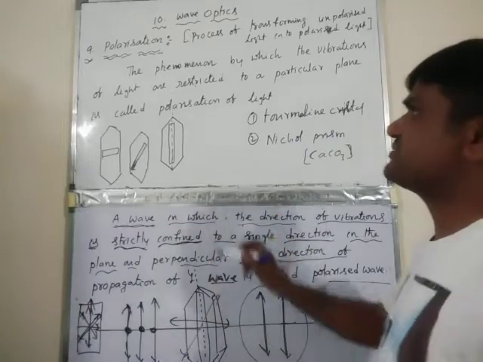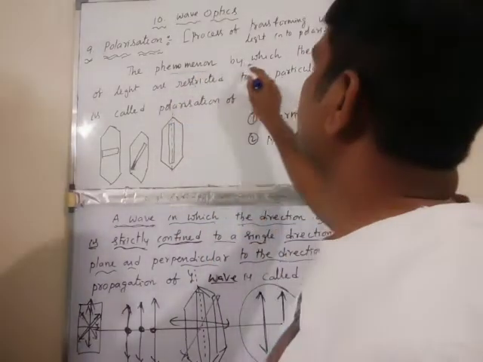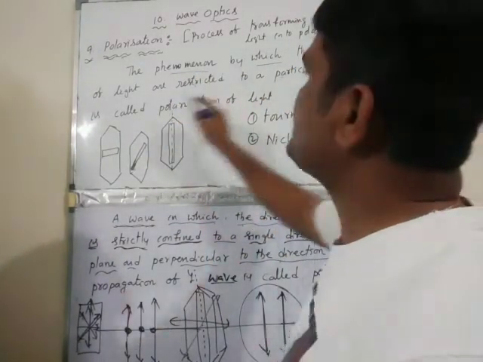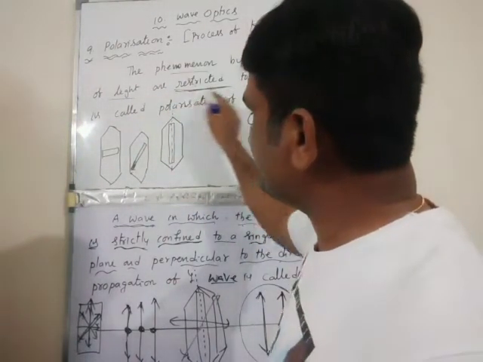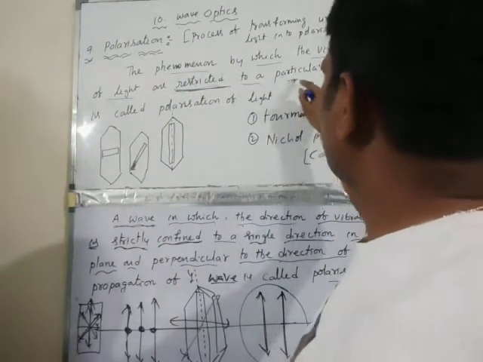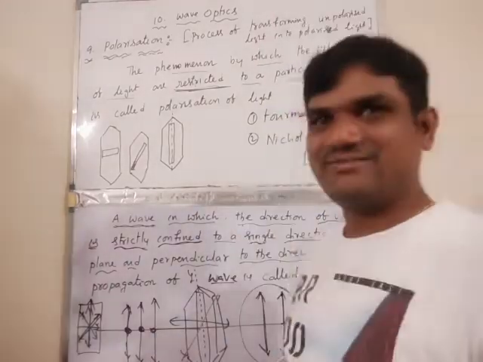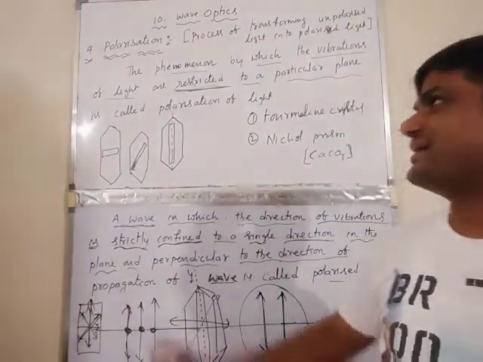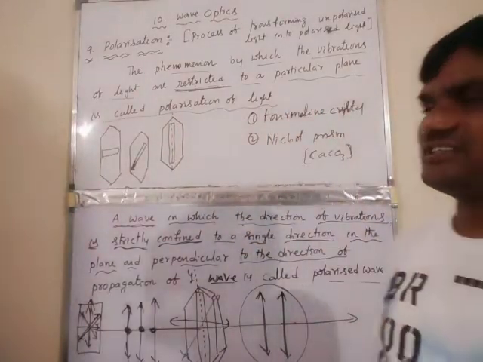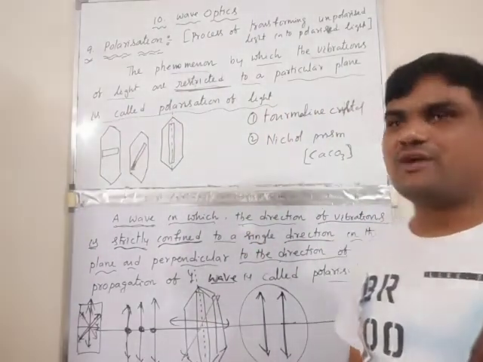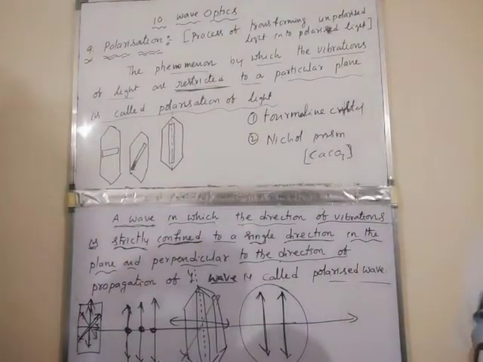And one more definition: the phenomenon by which the vibrations of light are restricted, this word is important, restricted to a particular plane is called polarization of light.